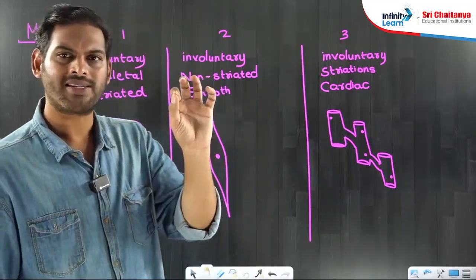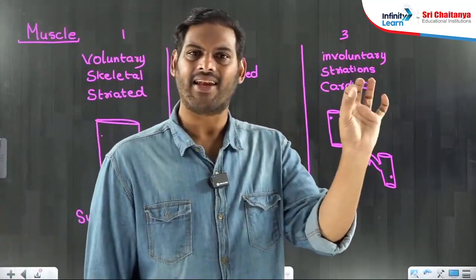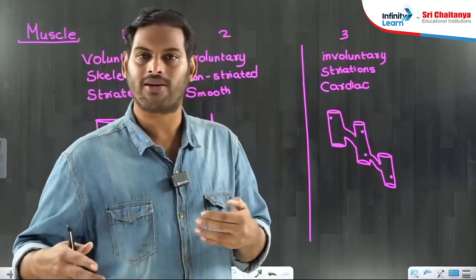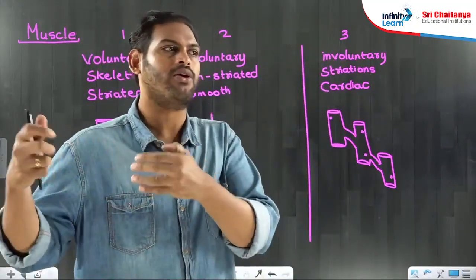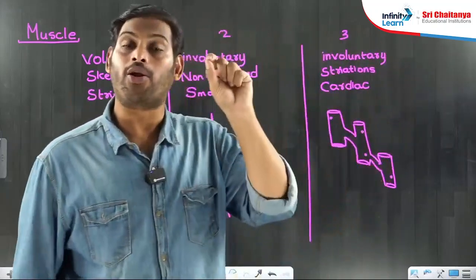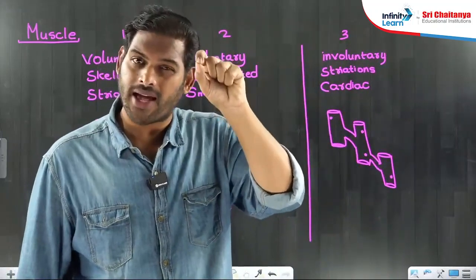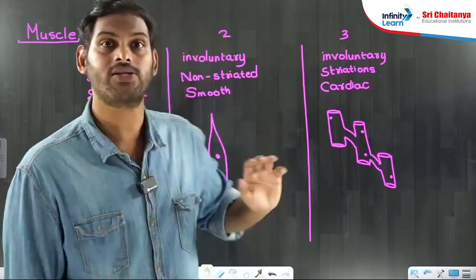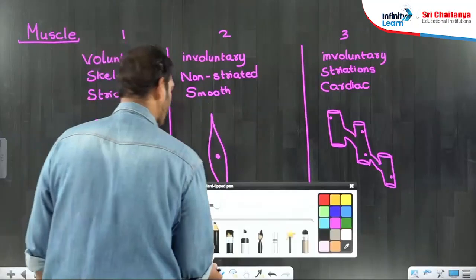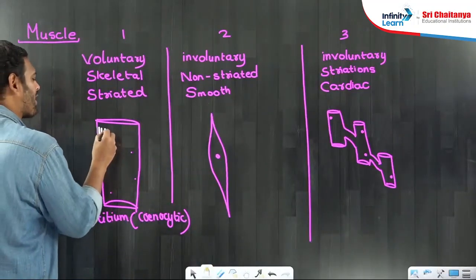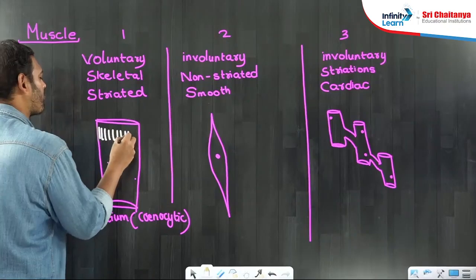The thin protein is called actin. The thick protein is myosin. So thin actin, thick myosin. Due to the regular arrangement of actin and myosin inside a muscle cell, you will be able to see many striations inside the muscle cell.